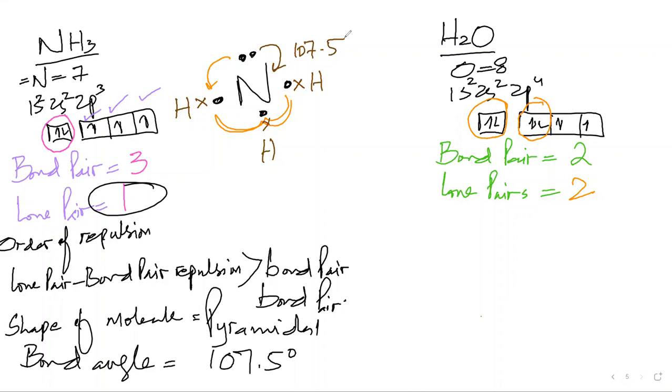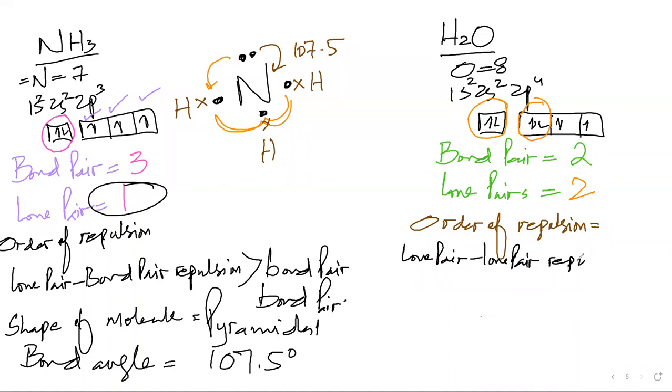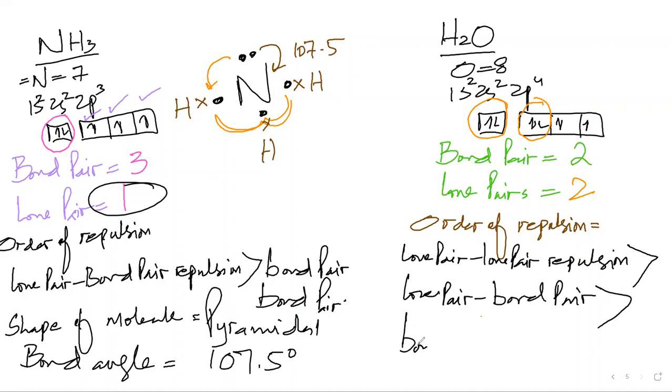Then again, in oxygen, the order of repulsion is lone pair to lone pair repulsion, which is greater than lone pair to bond pair repulsion, which is greater than bond pair to bond pair repulsion.